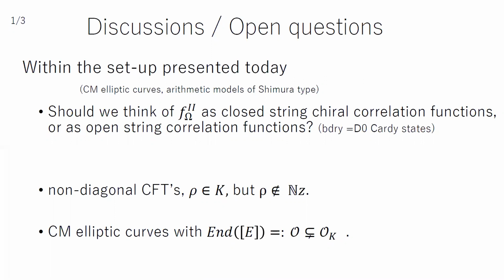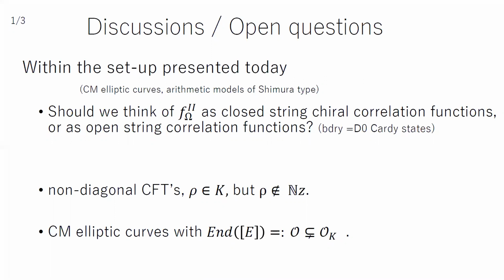But there is an alternative of using the language of the open string correlation functions, and there the boundary conditions are set to be the D0 brane Cardy states. At the level where we chose the Kähler parameters to be integer multiples of the complex structure parameters, the target space CFT is a rational CFT, and that is diagonal.